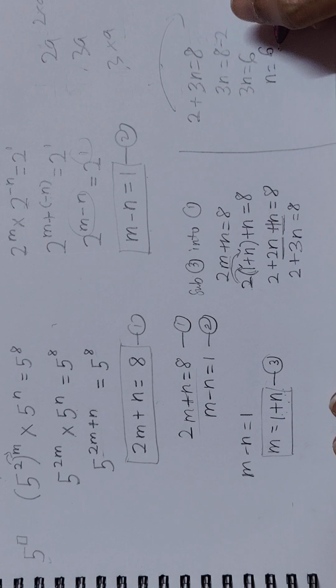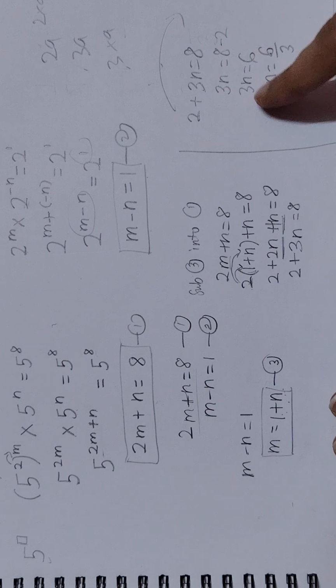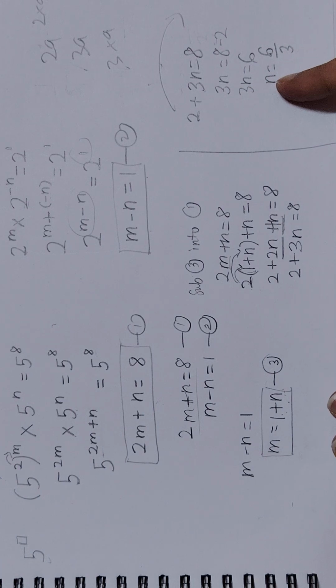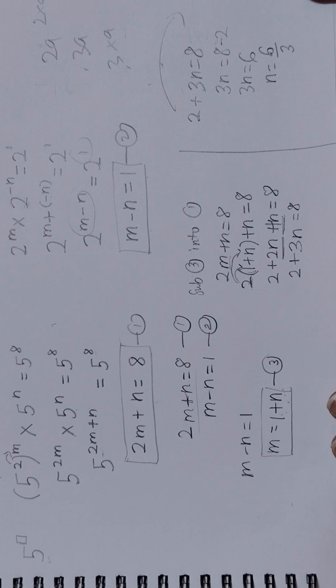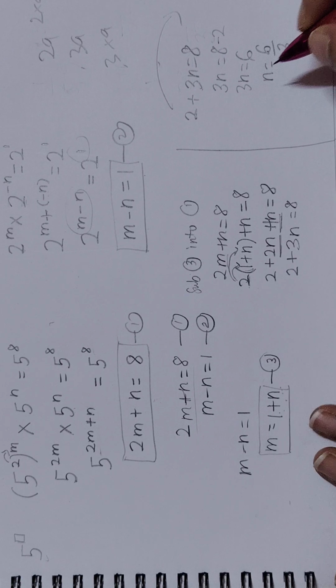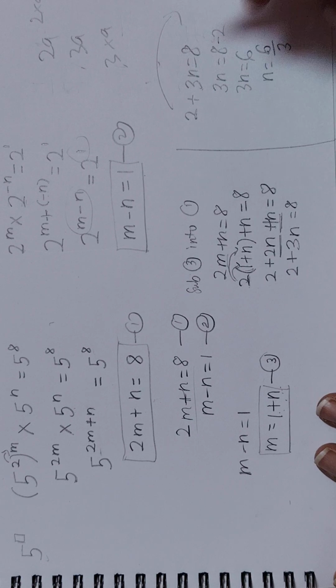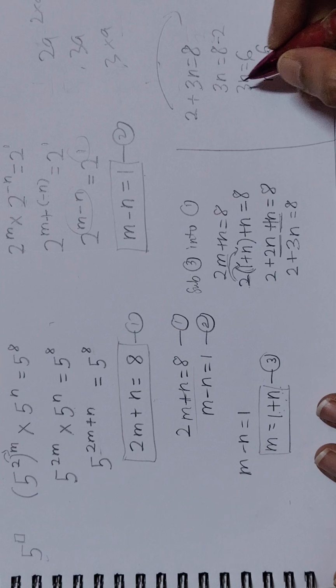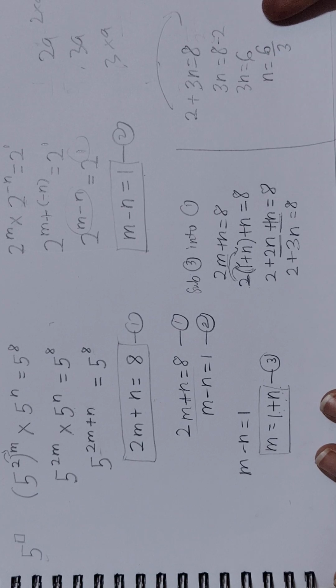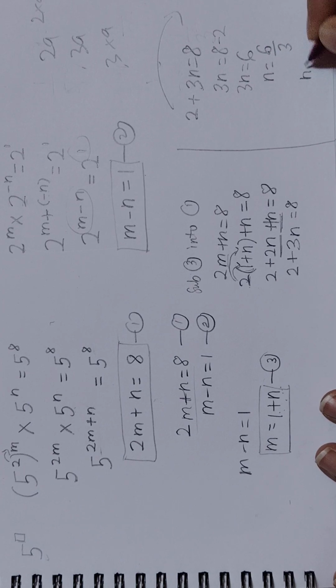We only want the alphabet to be here. Same thing, if over here got divide, the divide goes there, becomes times. Times goes to the other side, becomes divide. So your n, 6 divided by 3 you get 2. So your n value you get 2.